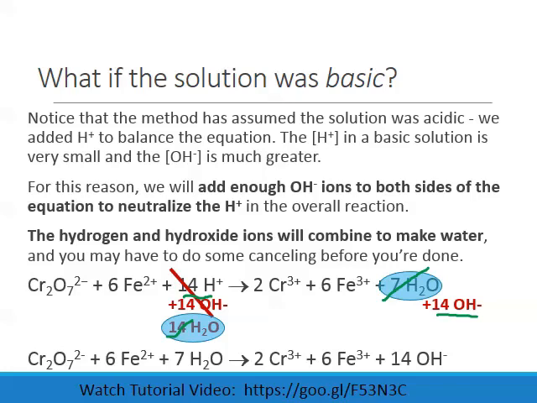You cannot really do what we've just done here, take a reaction which does happen in acid solution and make it happen in a basic solution. So by showing what I've done here, I've simply demonstrated the steps that you would go through to balance in basic solution. But in reality, the reaction of dichromate and iron does not happen in basic solution. It happens in acid solution.